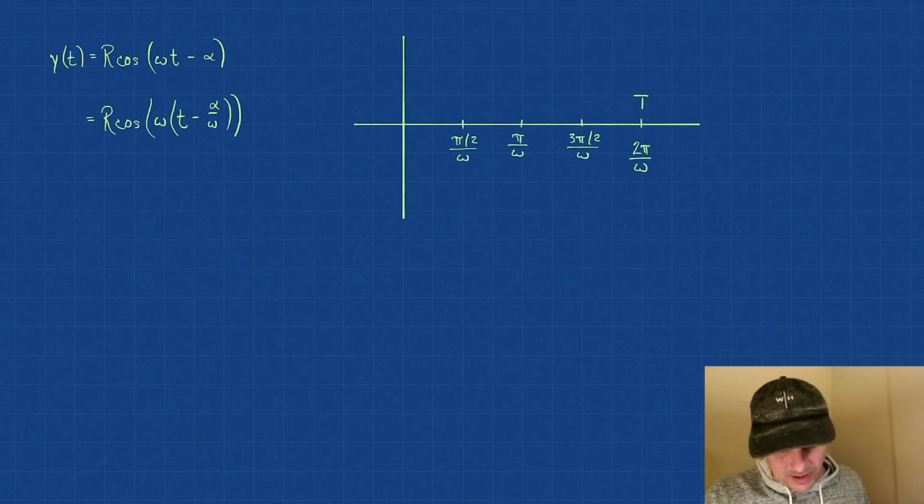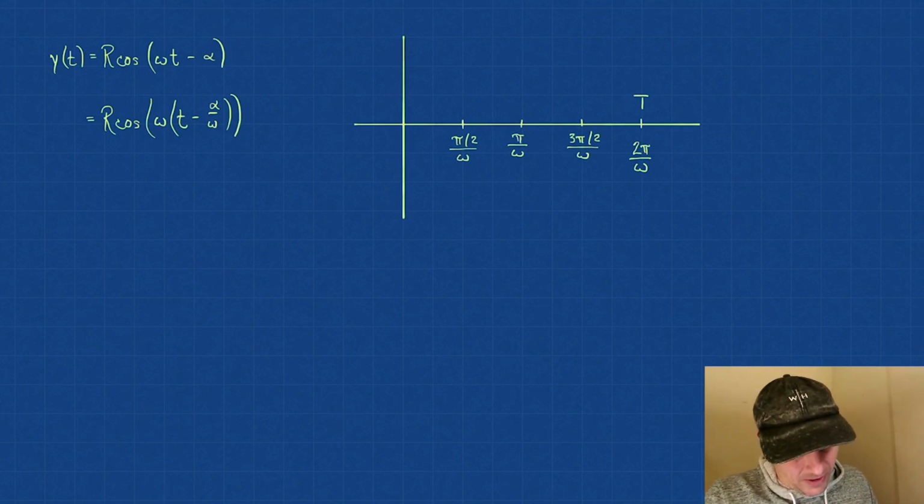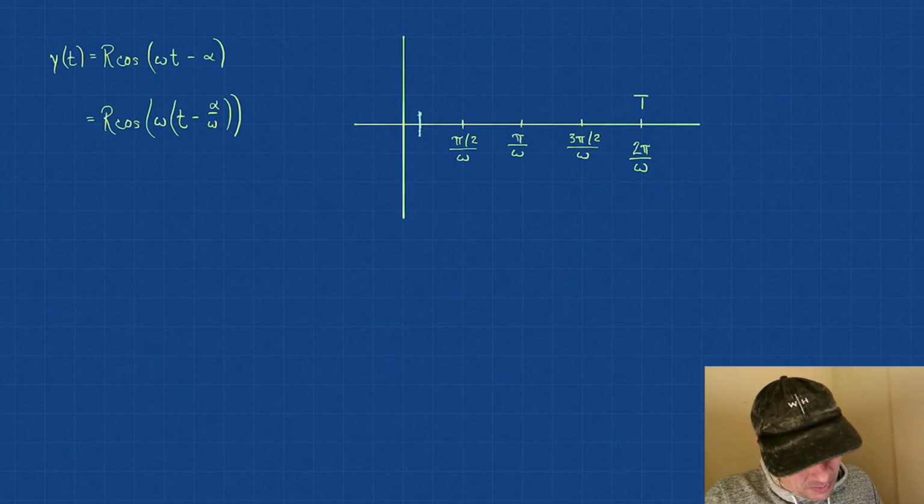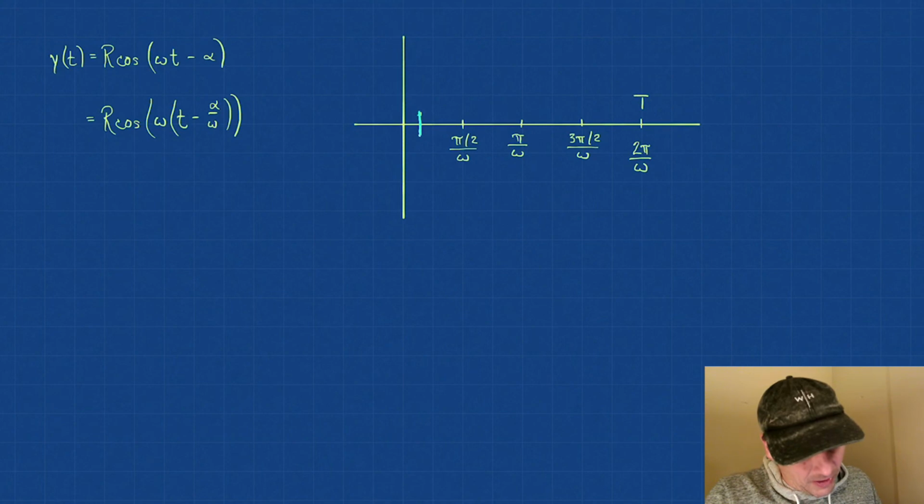So maybe it starts, I'm just going to pick an indeterminate point. So how about right here? We'll do this in blue. So this would be its starting point. This right here is my starting point of alpha over omega.